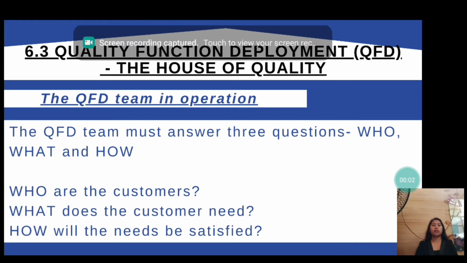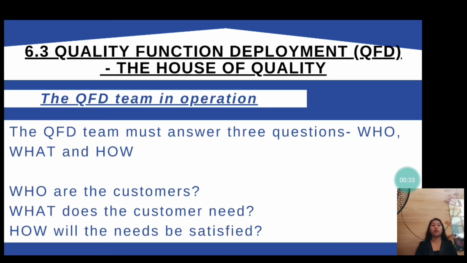So next is 6.3, quality function deployment or QFD, the house of quality. So an effective QFD team must be able to answer these 3 questions: the who, what, and how. So first is, who are the customers? So you should identify your target market. And second is, what does the customer need?